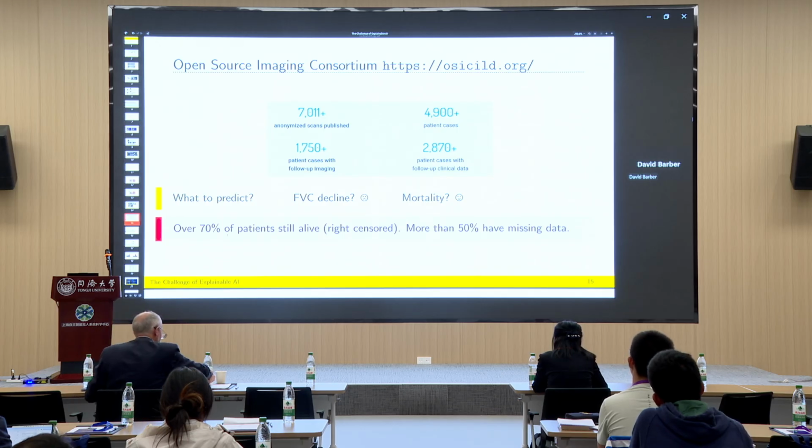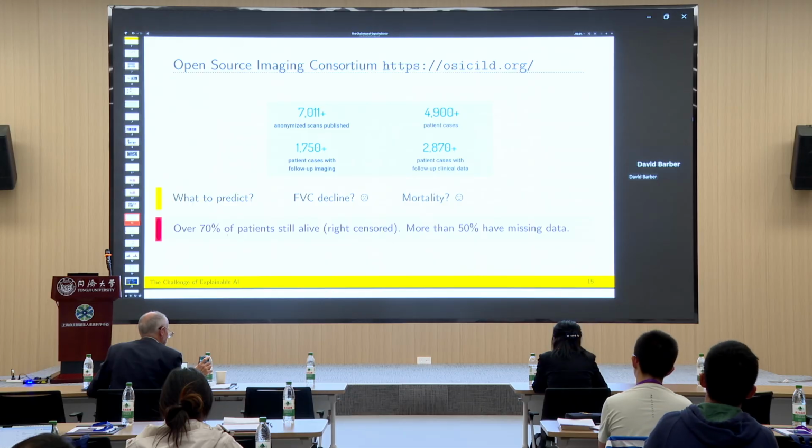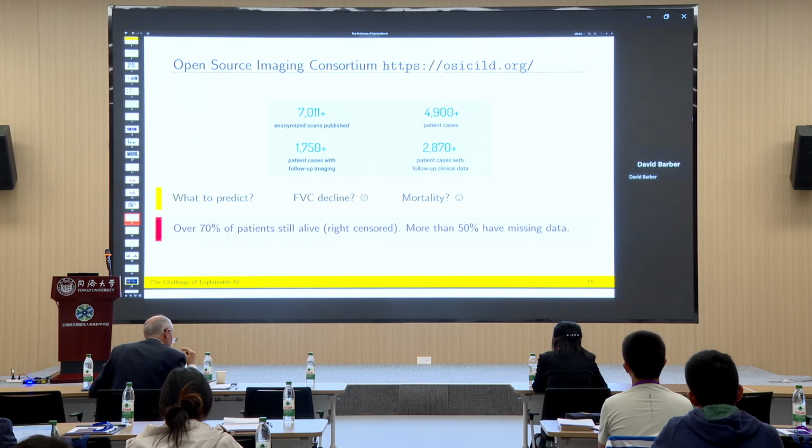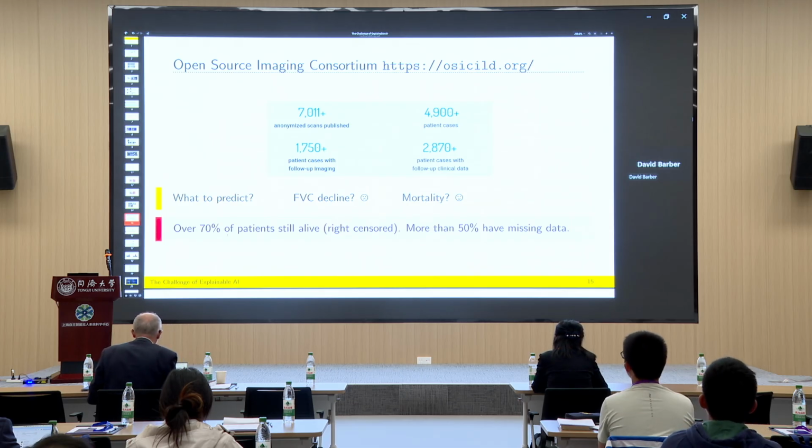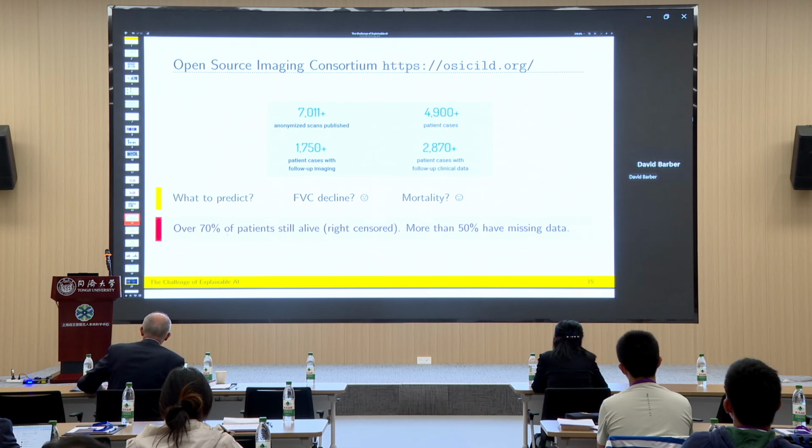But there's still information in the fact that they survived a certain amount of time. We shouldn't just throw those patients away. If we did that, we'd throw away 70% of the training data. What we want to do is use the fact that we know they're still alive, even though they're not dead yet, to help us train a prediction.